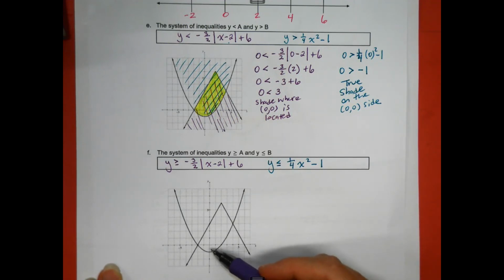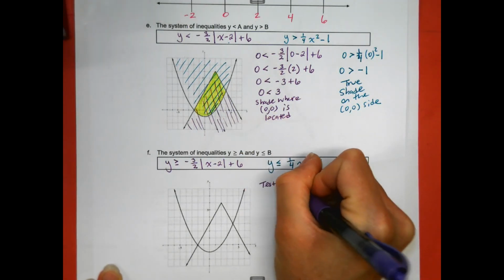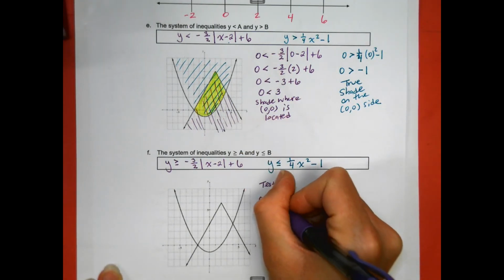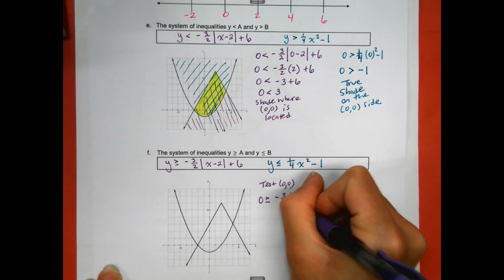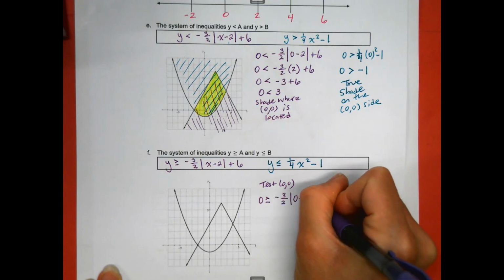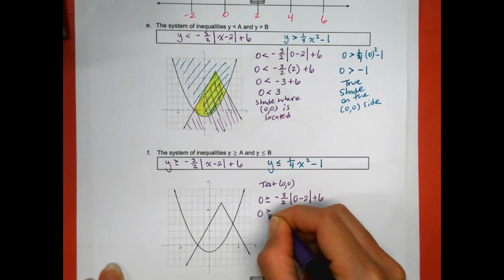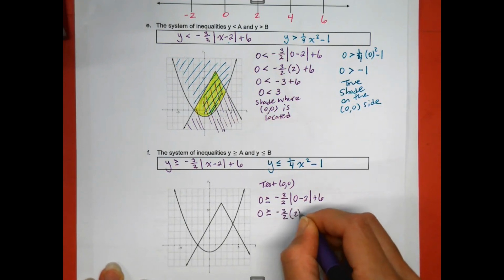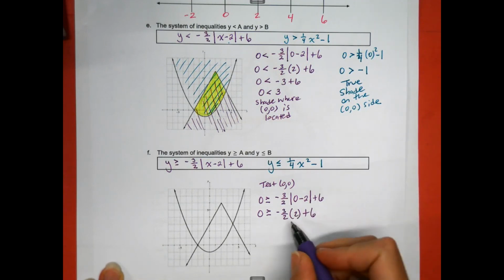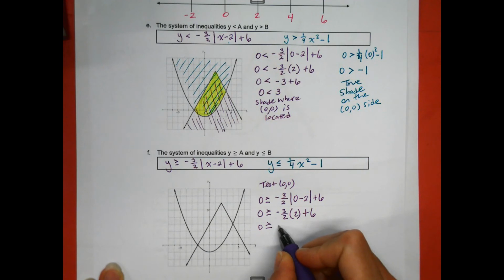We could still test a point, such as 0, 0. So if I test 0, 0, I say is 0 greater than or equal to negative 3/2 times the absolute value of 0 minus 2, plus 6. And so is 0 greater than negative 3/2 times 2, plus 6? Or is 0 greater than or equal to negative 3 plus 6?